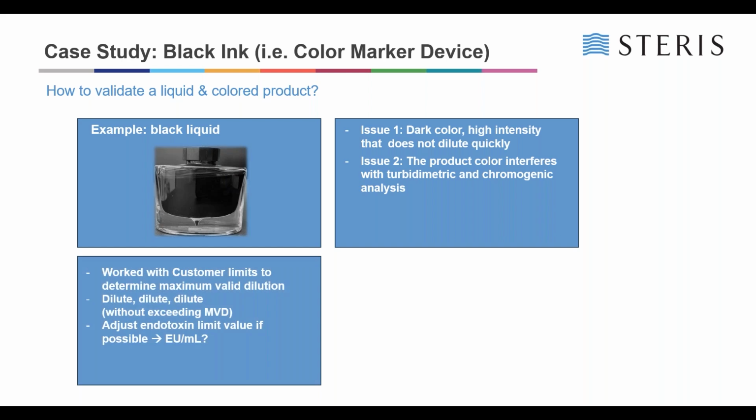So some of the workarounds for this type of sample is to understand the customer limits to determine the best dilution, which would be the maximum valid dilution for the product. Again, dilute itself, so we can always look at dilution. And then there might be the possibility of adjusting the endotoxin units to EUs per ml.